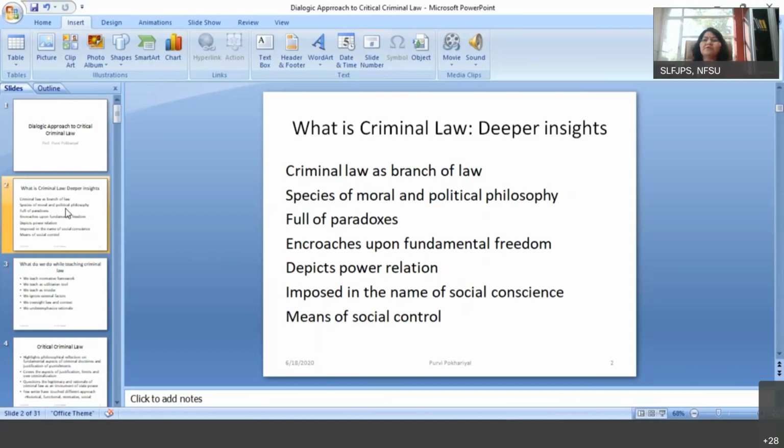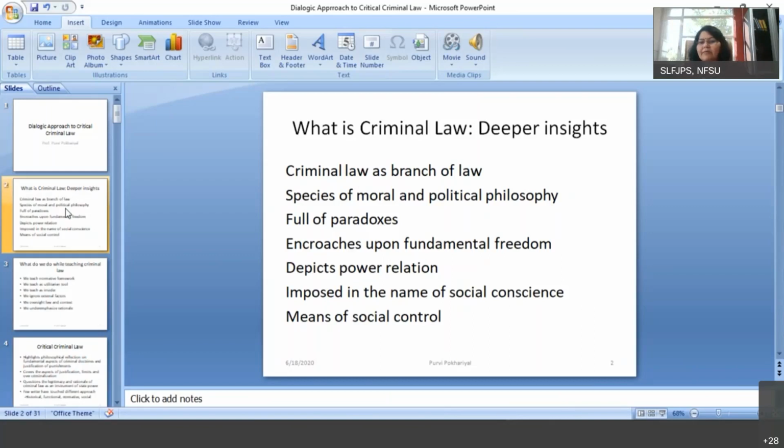And if we try to understand criminal law in context, the whole branch of study is full of paradoxes, because by its very reason for being it encroaches upon the fundamental freedom of an individual.